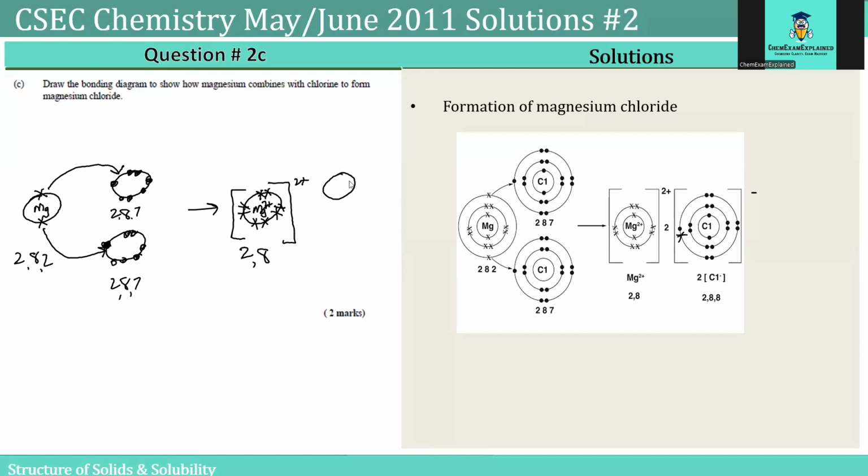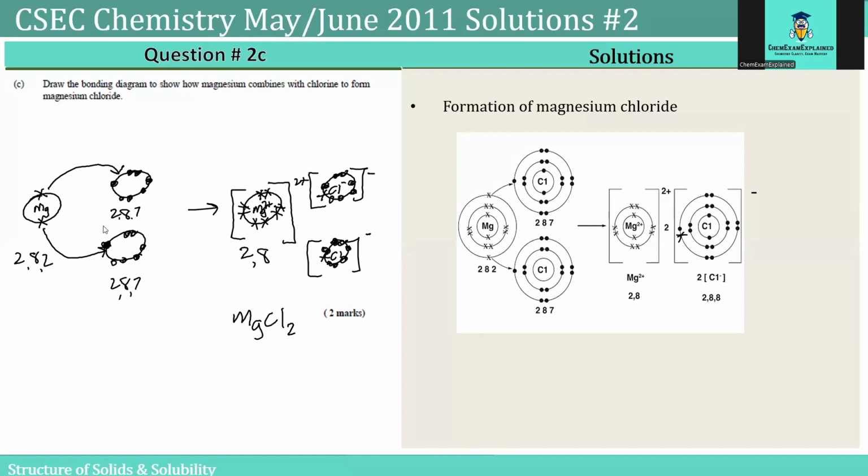And now I have Cl- because this had 7 electrons, all right, and it acquired 1 electron there. So now this is Cl-, and the other one would do the same, and that is Cl-, and this will give us the formula MgCl2.